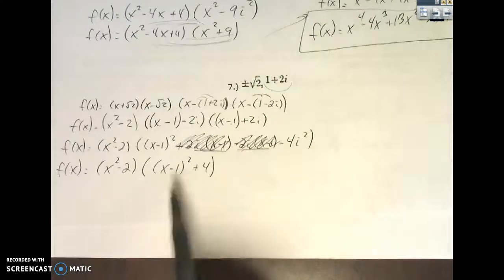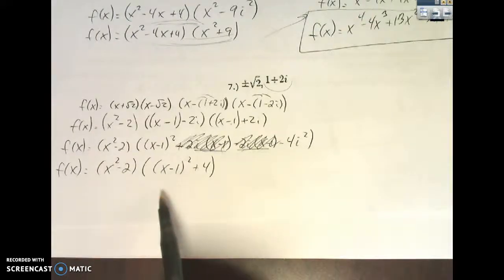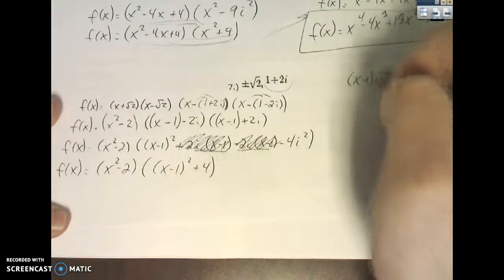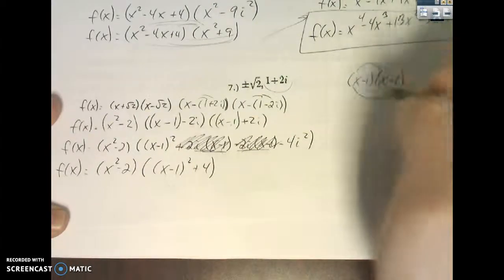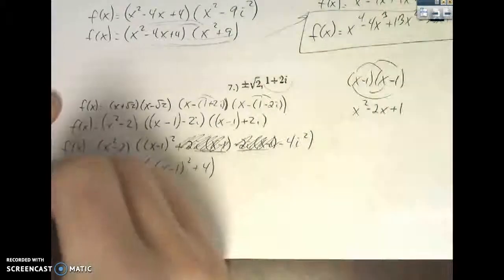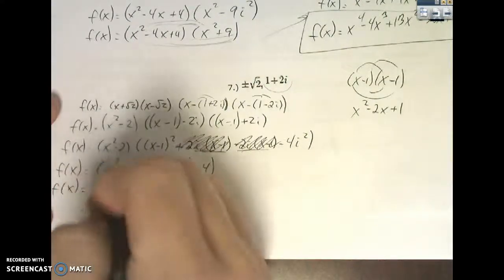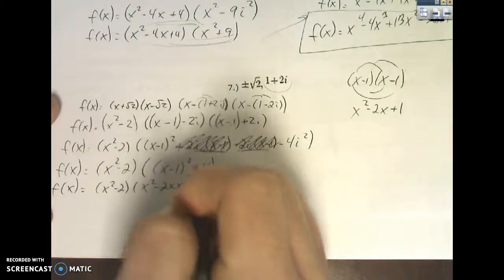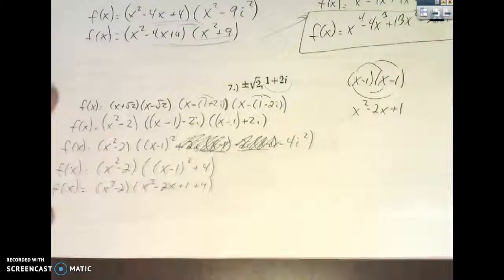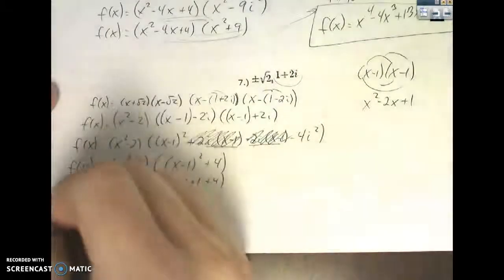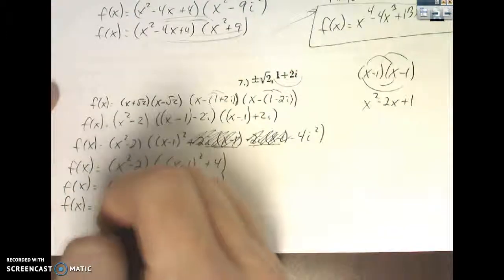Alright? I have to square this out. Just a little bit of side work. I'm going to do it over here. X minus 1 times x minus 1. So we get x squared minus 2x plus 1 and then plus 4, which, if I look inside here, 1 and 4 is 5.